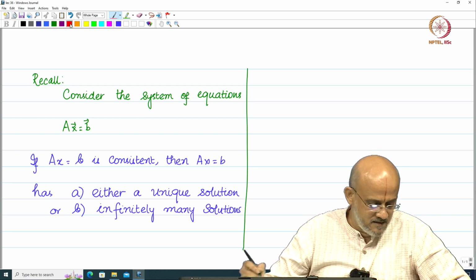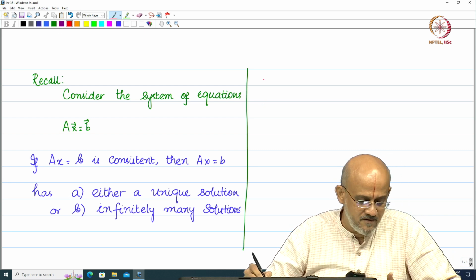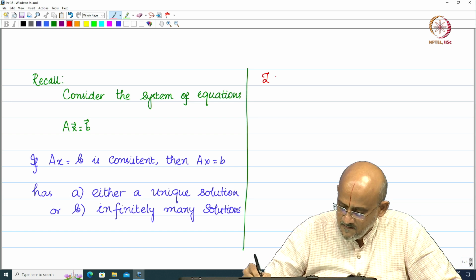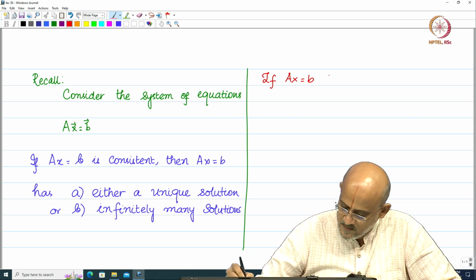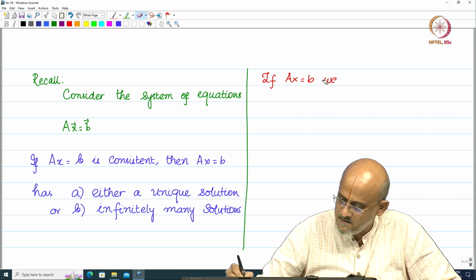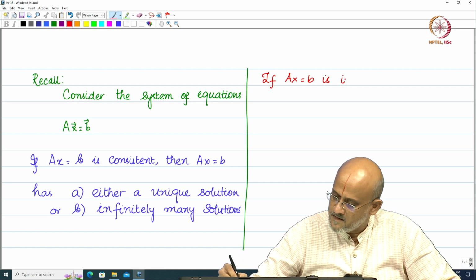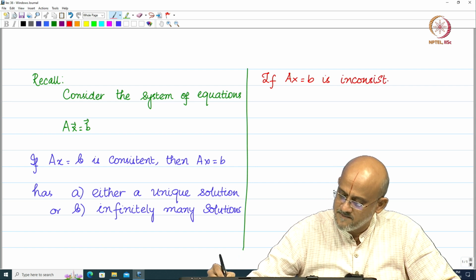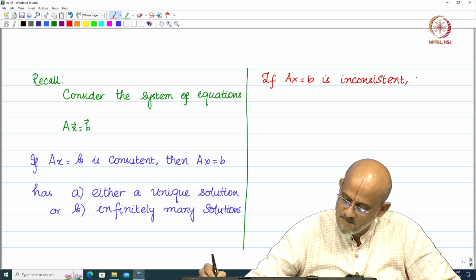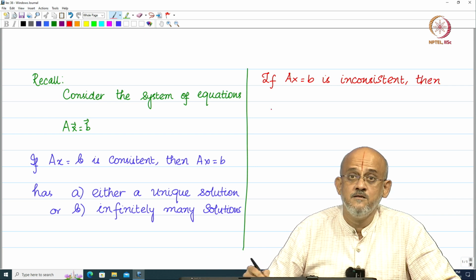And we said if Ax equal to b is inconsistent, then no solution exists.